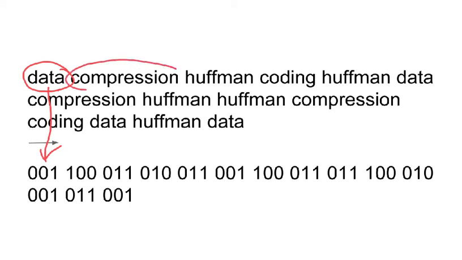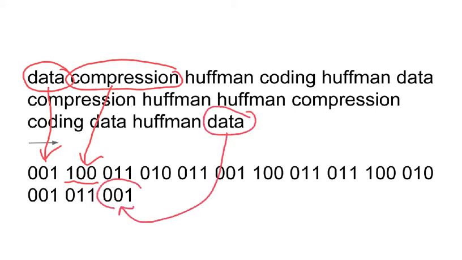And the string compression, we encode with the binary string 100. Instances of the same string will be replaced with the same code. So here we have data, and data is replaced with 001, similar to what we have for the first instance of data.